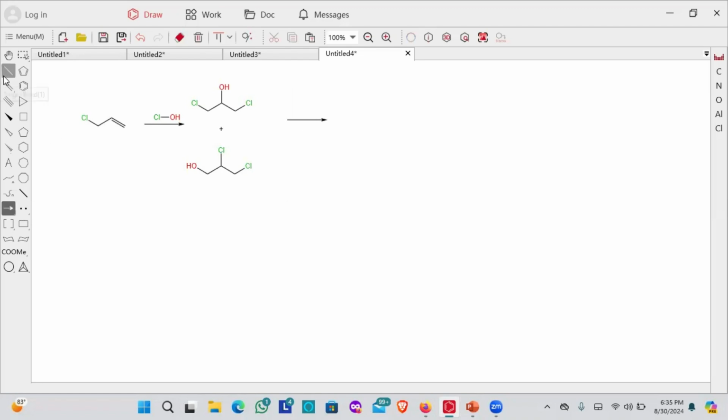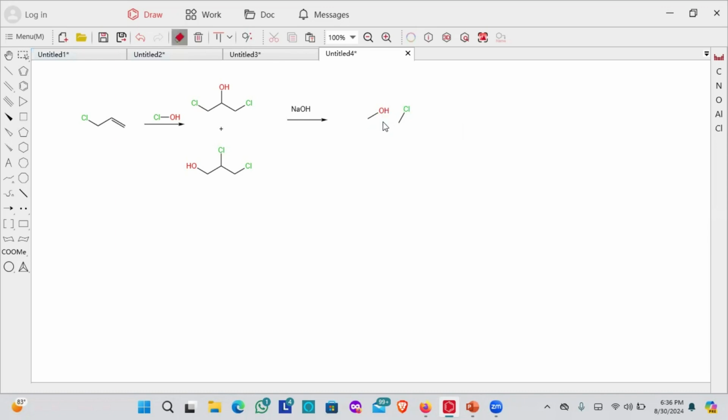into epichlorohydrin, NaOH. And then epichlorohydrin. We could probably draw the structure better.